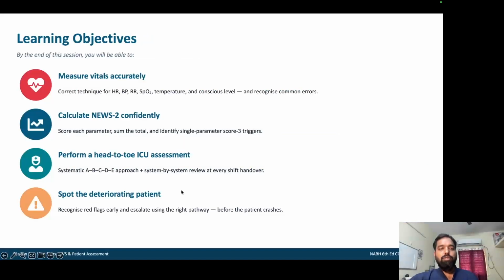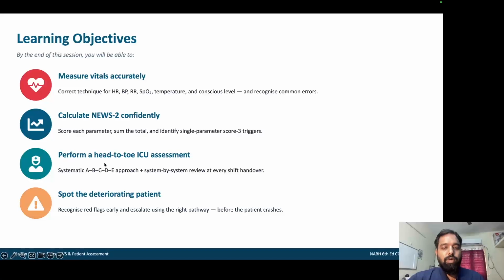The learning objectives of this session are to measure the vitals accurately: correct technique for heart rate, BP, respiratory rate, SpO2, temperature and conscious level should be properly assessed. Calculate NEWS2 confidently. Each parameter has its own importance and we'll see how the score varies from 0 to 3 as the severity varies.